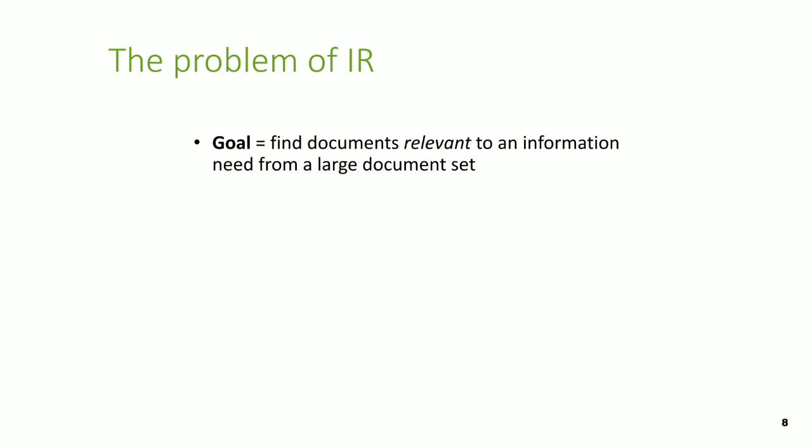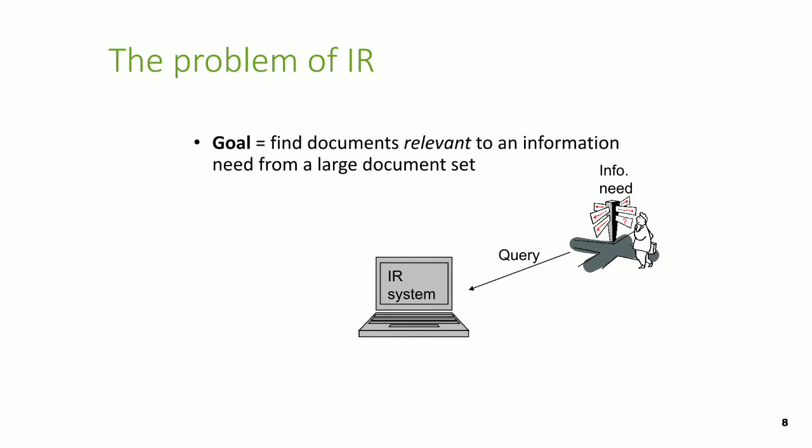So what is the problem of IR? The goal is to find the documents which are relevant to an information need from a large document set. For example, there is the information that is needed, the query that is executed, and the IR system, and the information is retrieved from the information retrieval system while executing the query.